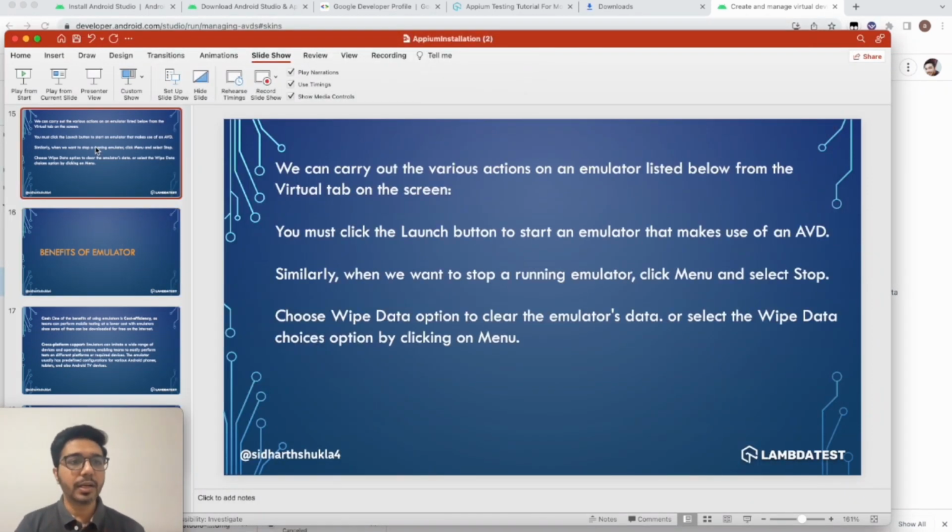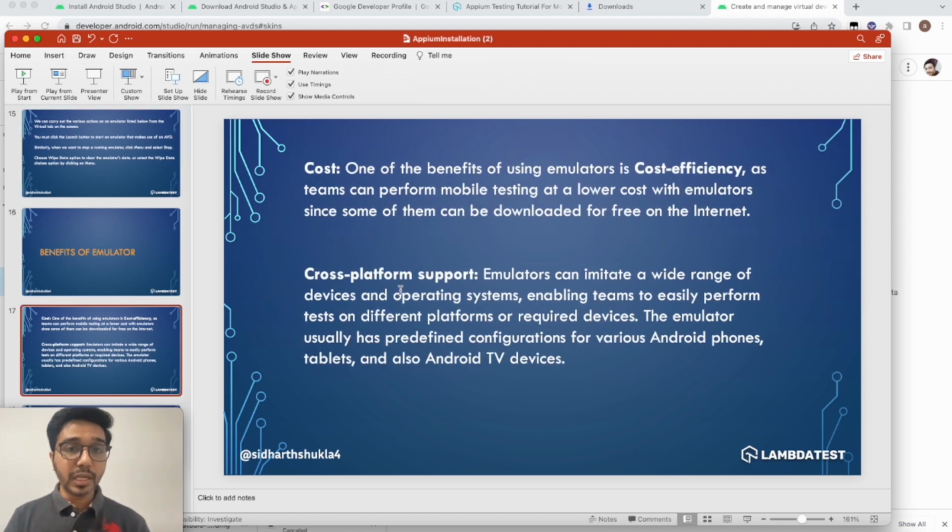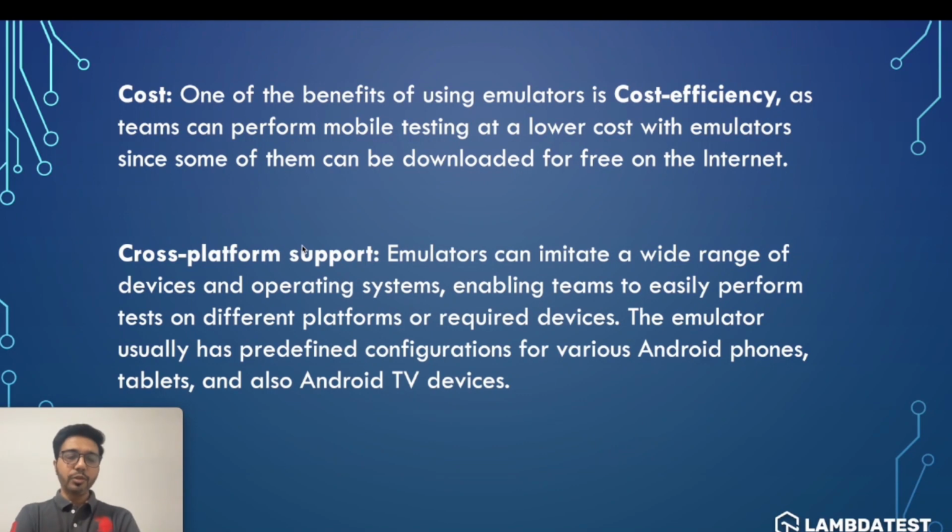Now we are done with running an emulator, stopping an emulator, and walking through all the options we have. At last we are going to see what benefits we have realized, right? I guess the highest priority benefit is costing, correct?